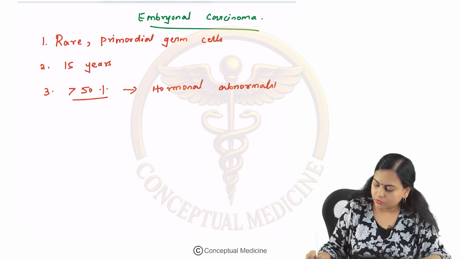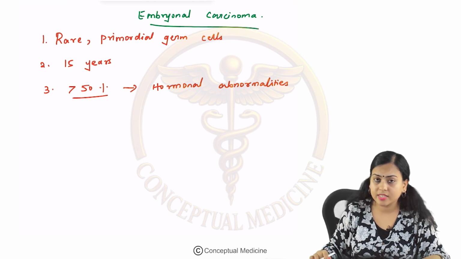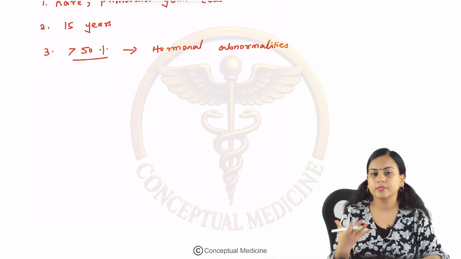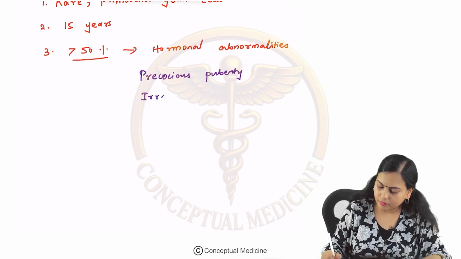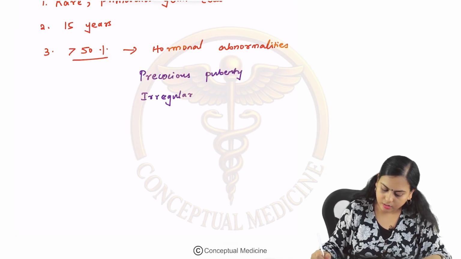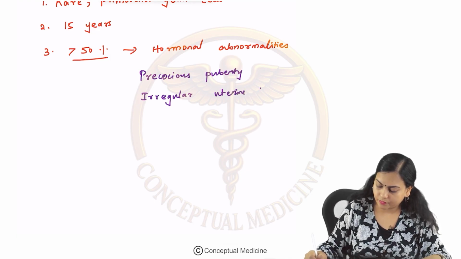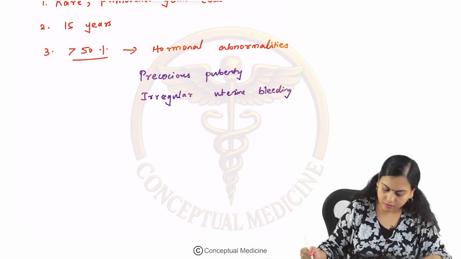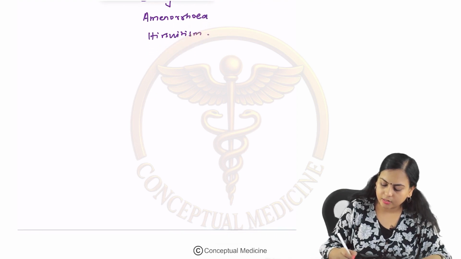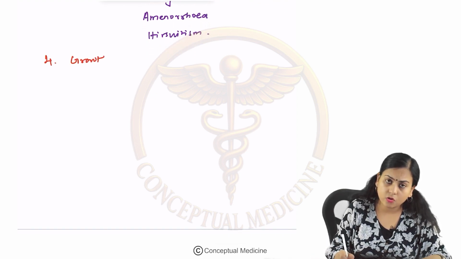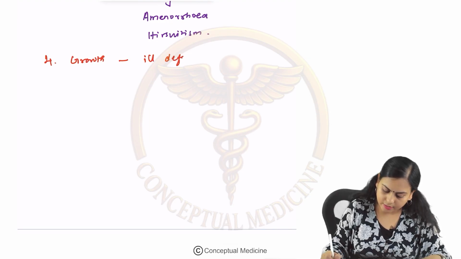So these patients can present with a different range of symptoms. They will present with precocious puberty or irregular uterine bleeding. There can be amenorrhea as well as hirsutism.